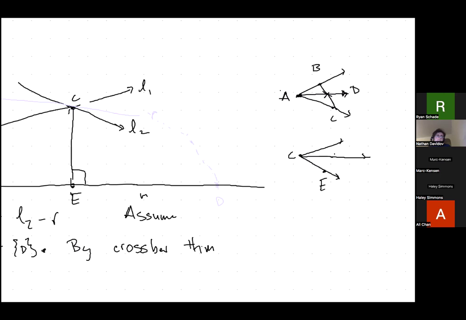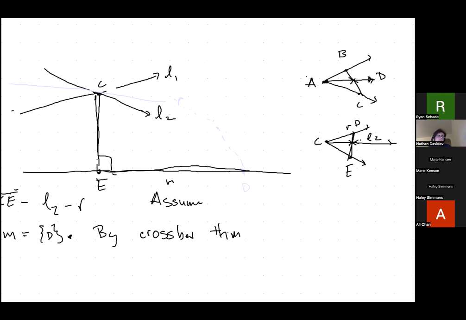This is L2, that's this line here. And this is R, that's this line here. And ED, so this part here is this. So that means L2 must intersect DE.